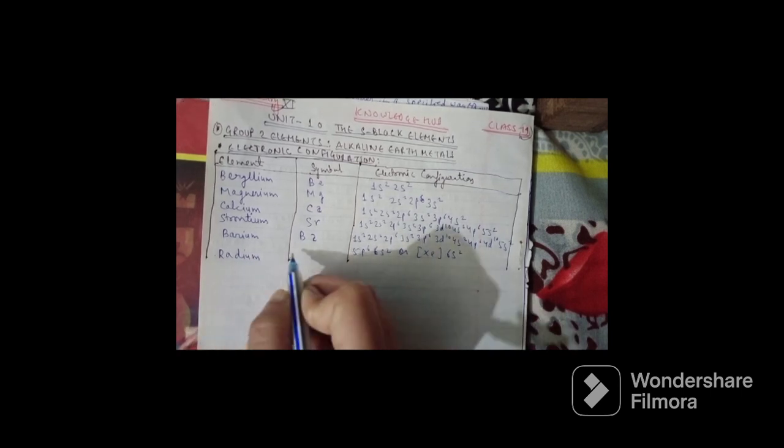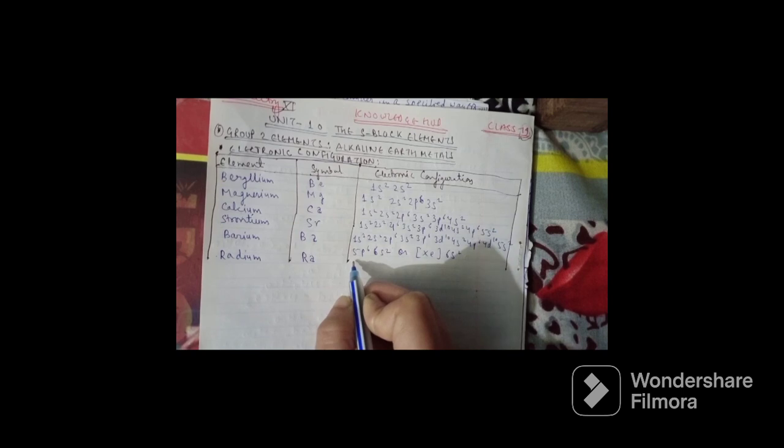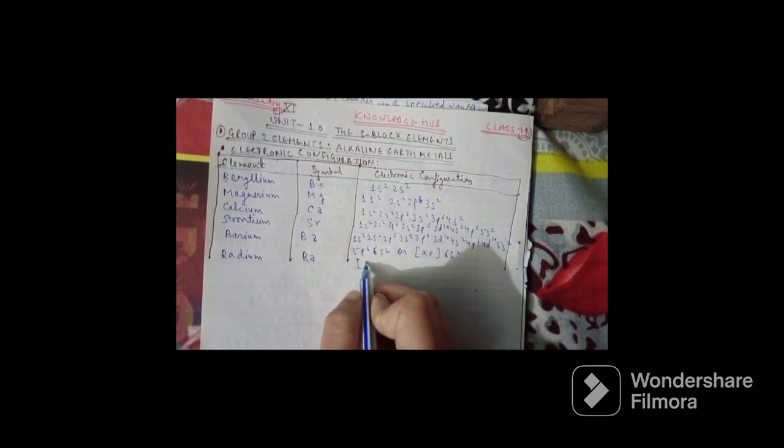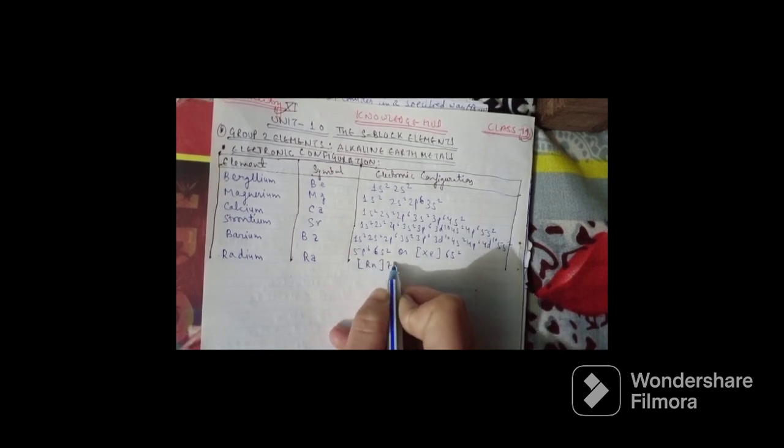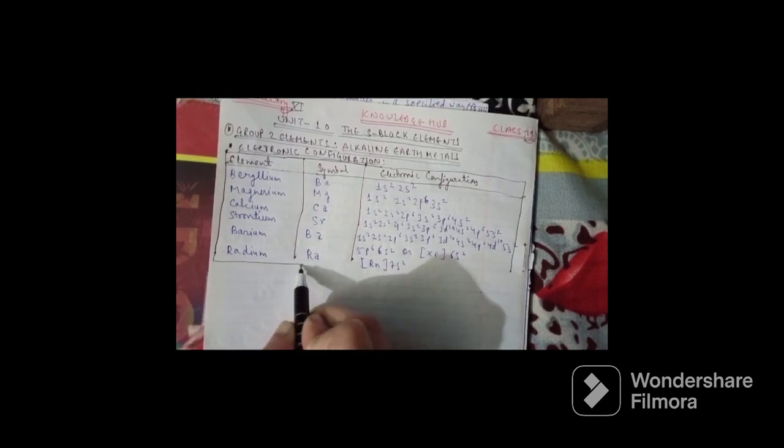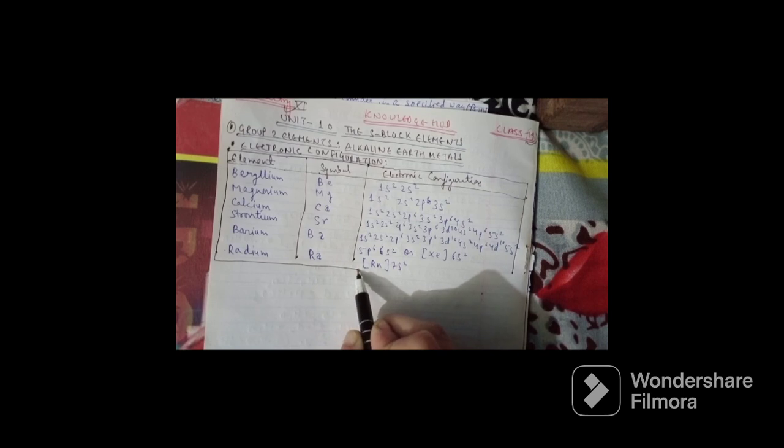The other we have is radium. The symbol is Ra. The electronic configuration is Rn 7s2. This is what we have for the elements, symbols and their electronic configurations of the alkaline earth metals, which are predominantly ionic.